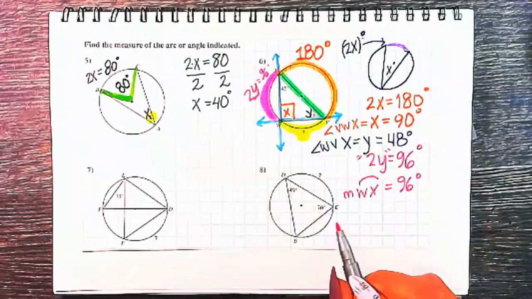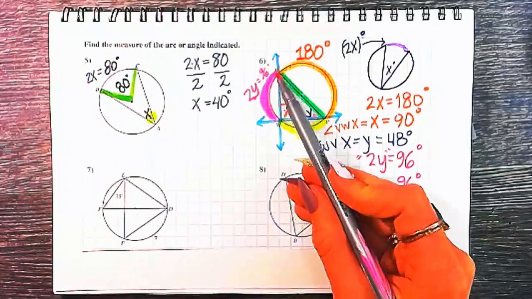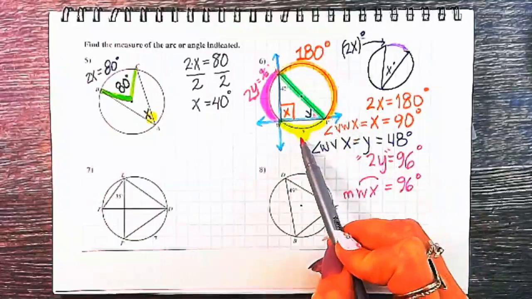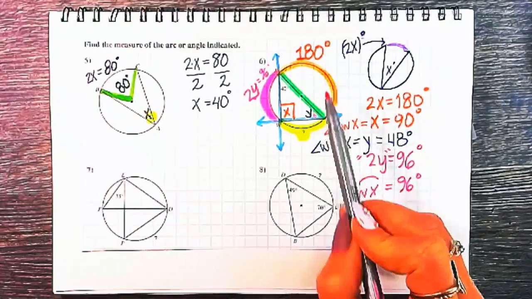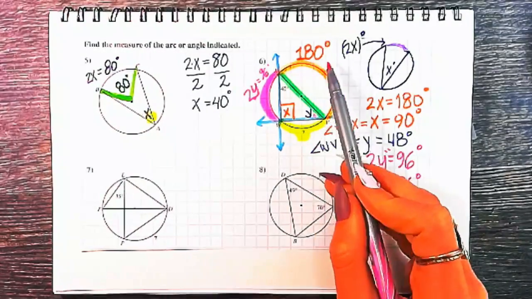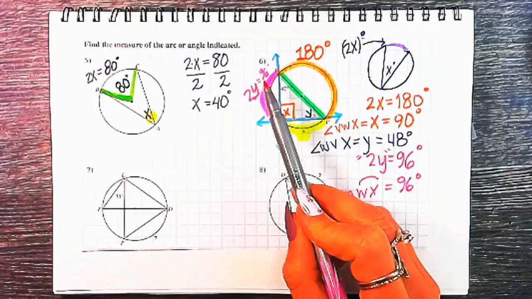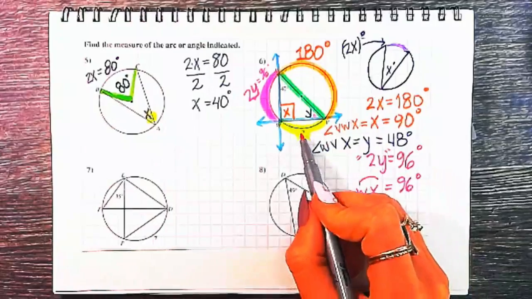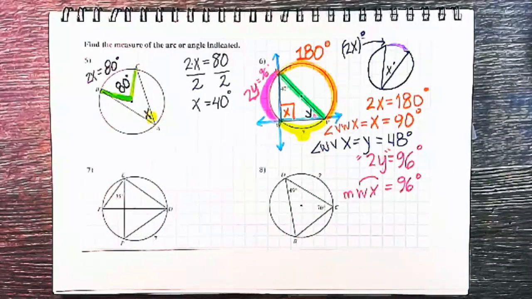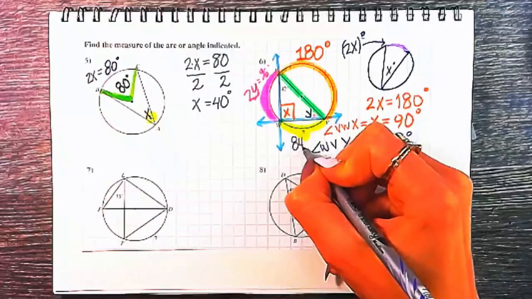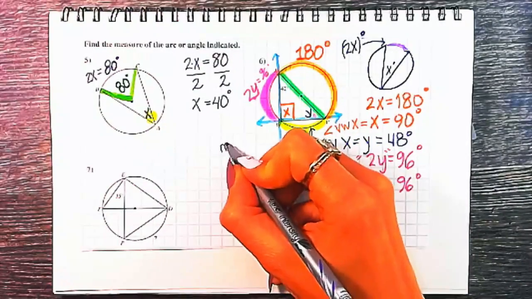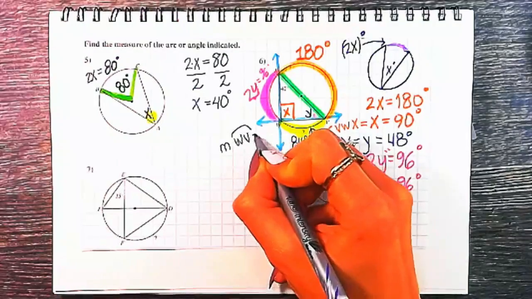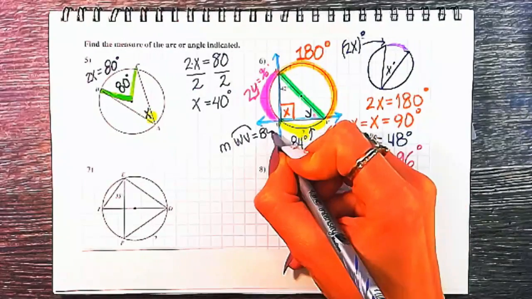Now you want to make sure you're always being really innovative. If this is 96 and that's 180, the full circle is 360, so we could figure this angle out by doing 360 minus 180, which is 180, minus 96, which is 84. So that right there is 84 degrees of arc measure, or the measure of arc WV equals 84 degrees.